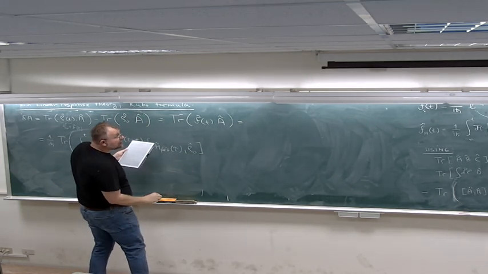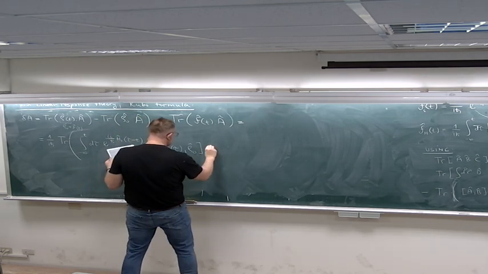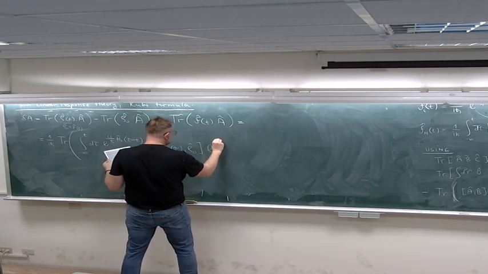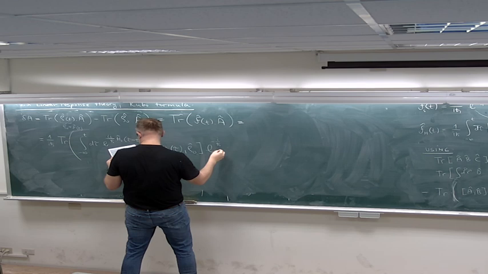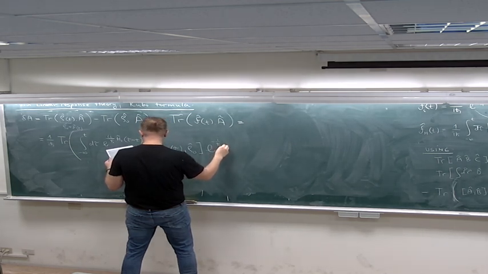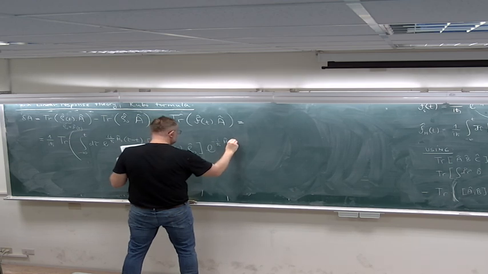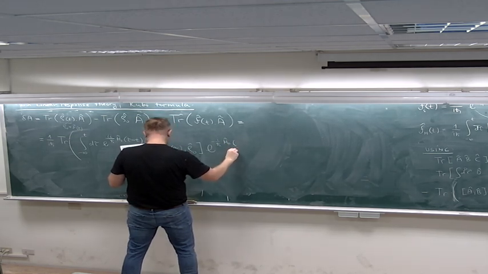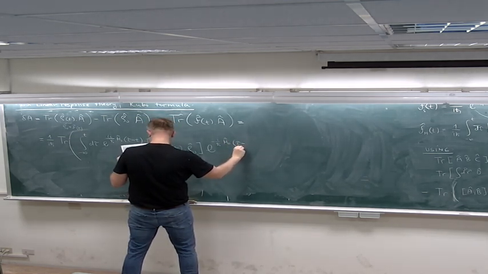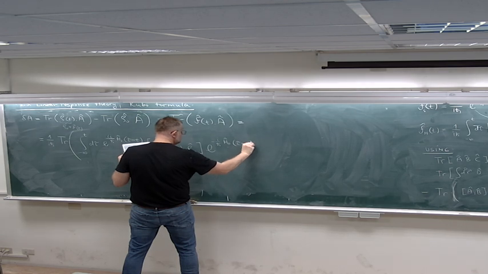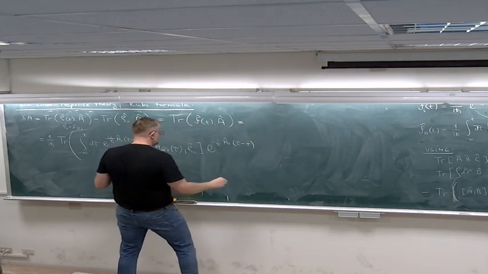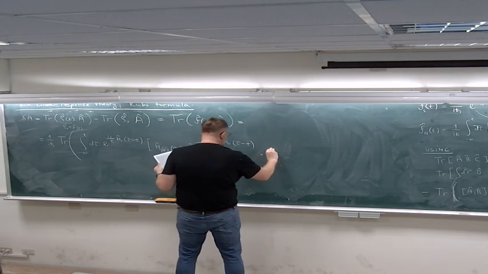Then I can also put this thing here, it will be minus h0. And now I need to put this operator R.